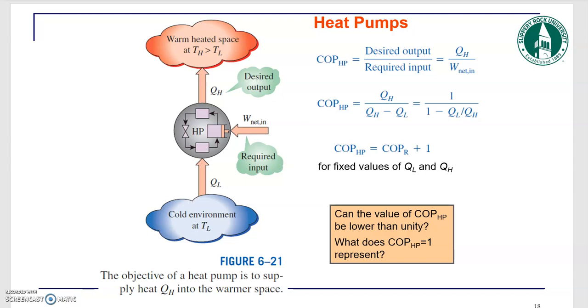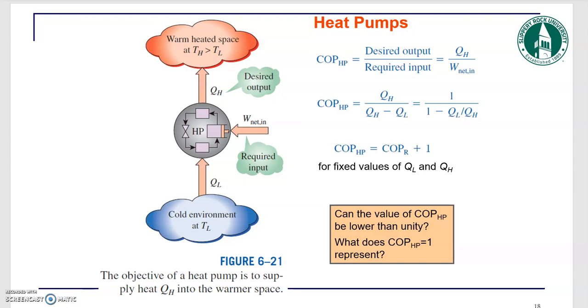You want to heat up some space by absorbing heat from a low temperature area. So for example, air conditioners, right? Air conditioners try to absorb heat from a cold area outside of your house and try to increase the temperature or keep the high temperature of your house constant, right? So these are called heat pumps.